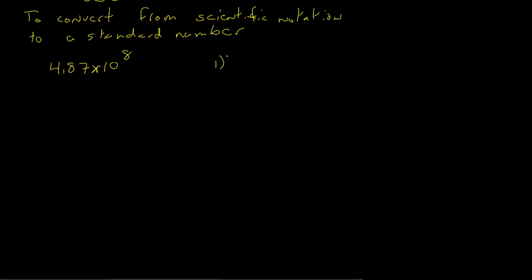Step 1: write the mantissa, which is this front part, the part with the A in it. Remember, this is our power, and specifically this is a power of 10. So I write 4.87.